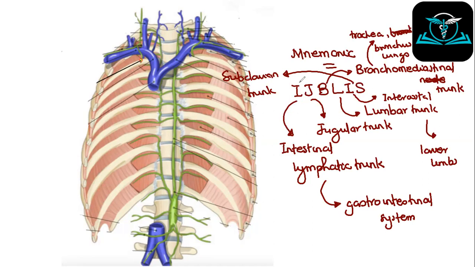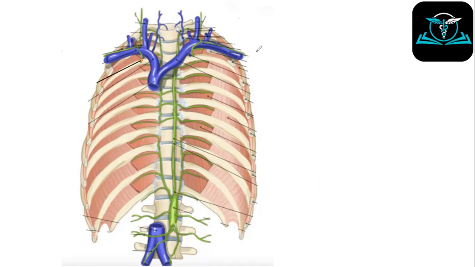So IJ bliss. The first I is the unpaired lymphatic trunk. Okay, and then the J bliss are the paired lymphatic trunks. So I for intestinal trunk, J for jugular trunk, where the neck structures would eventually drain into this trunk.